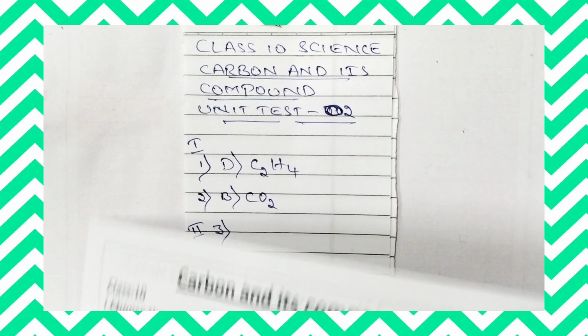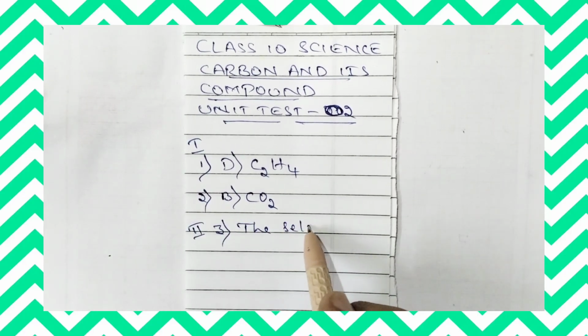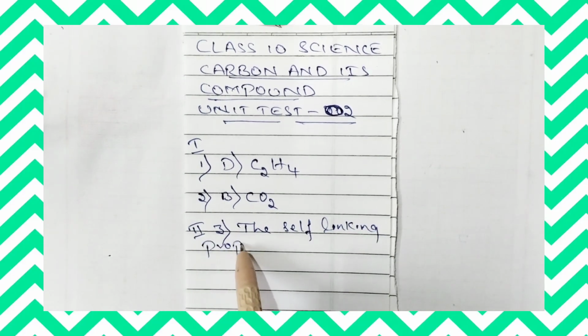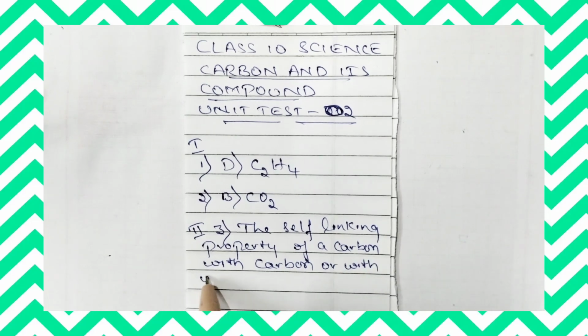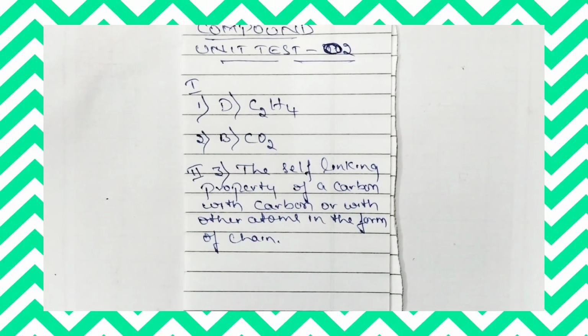Catenation is defined as the self-linking property of carbon with carbon or with other atoms in the form of a chain. So this is called catenation.